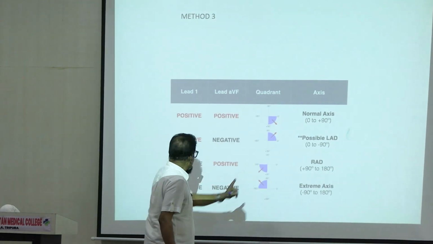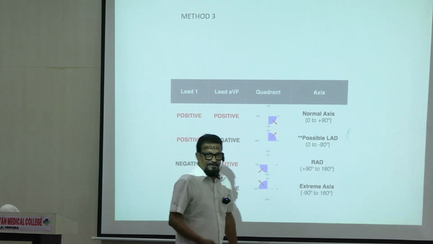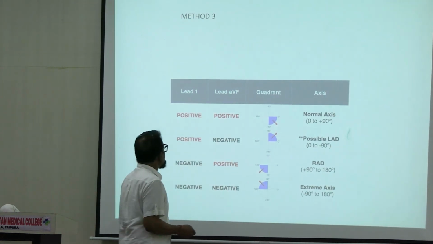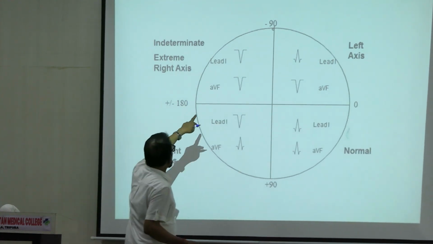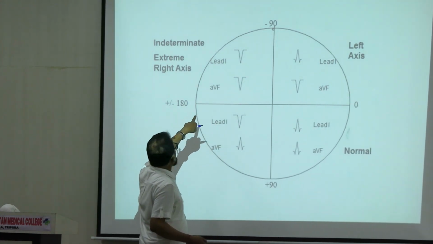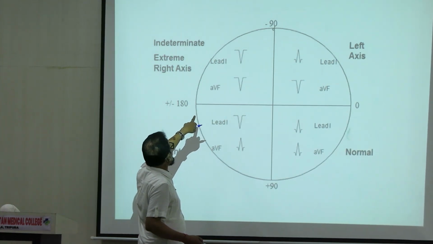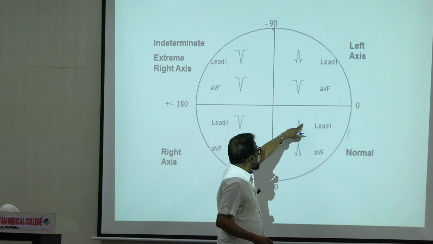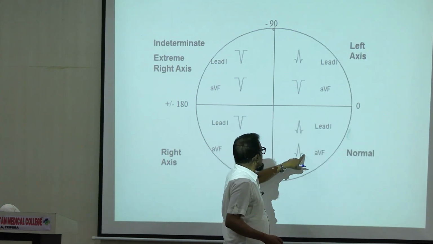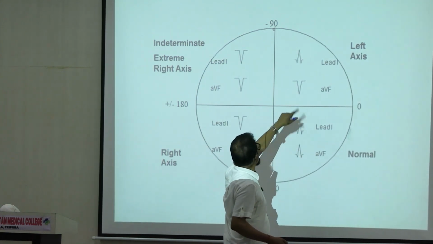Negative, positive, RAD. Both are negative, extreme axis. Normal. See, in both ways, lead 1 and aVF positive, mainly positive.